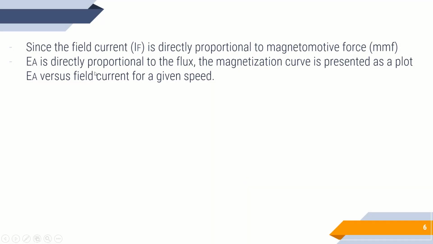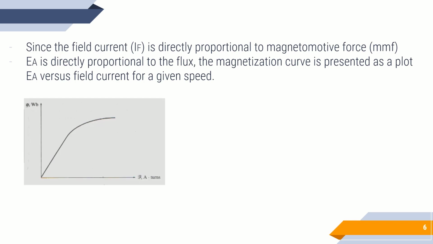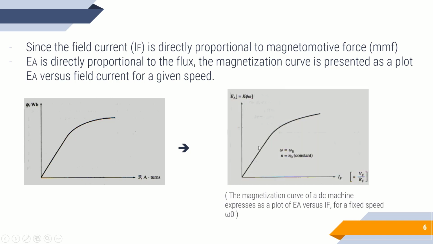Since the field current IF is directly proportional to the MMF, and EA is also directly proportional to the flux, the magnetizing curve is presented as a plot of EA versus field current for a given speed. So this is the flux versus MMF, and this will be EA versus IF for a constant speed.